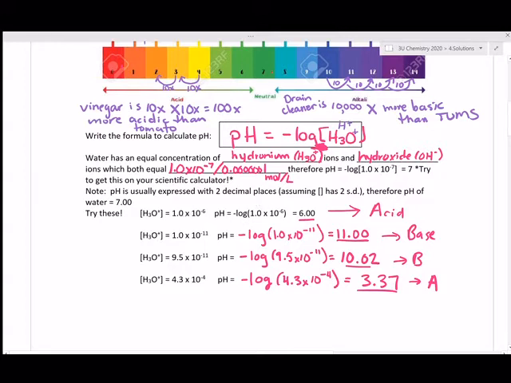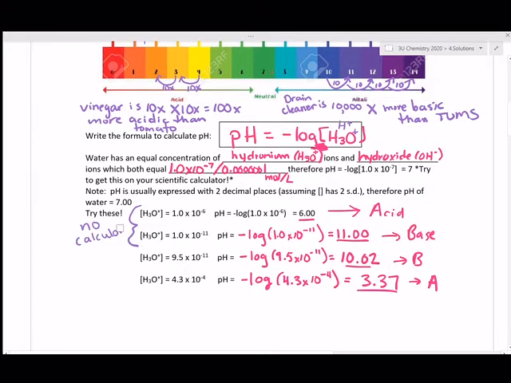Now, when you just have 1.0 times 10 to a whole number, nothing with a decimal in your main number, not your exponent, then you actually don't even need your calculator. So for those two, you could actually do them without a calculator.